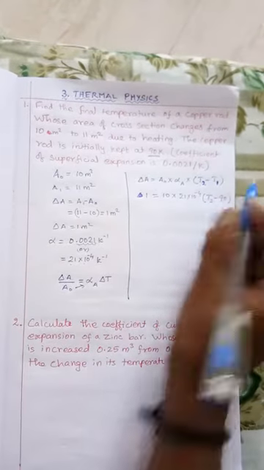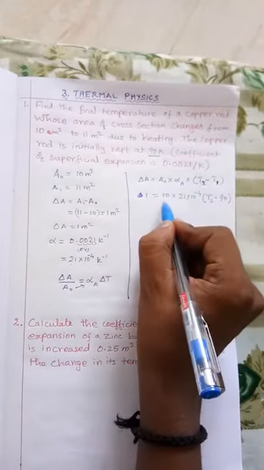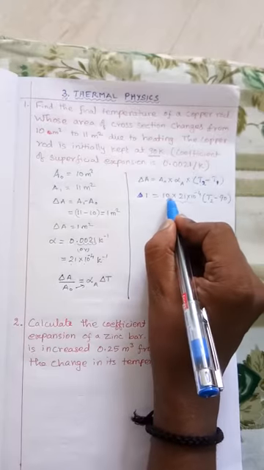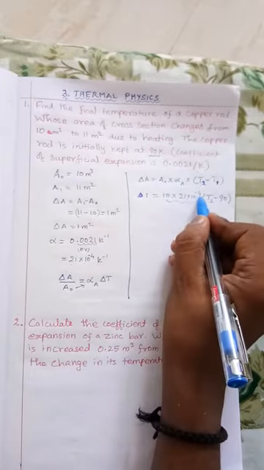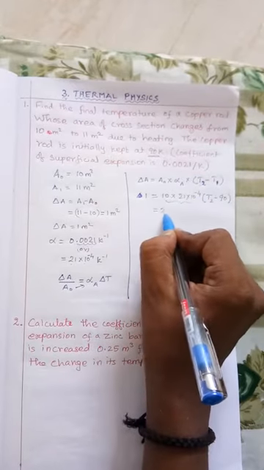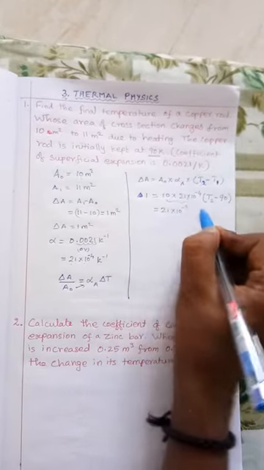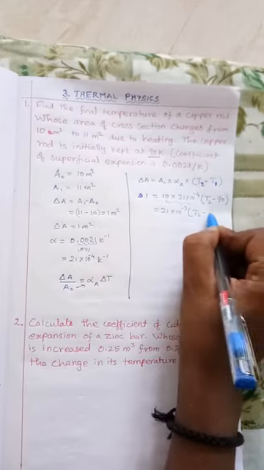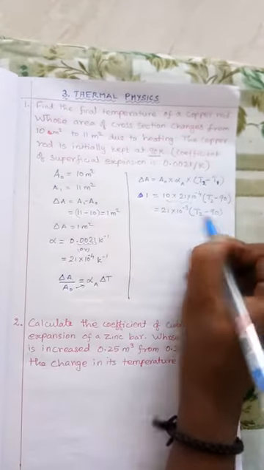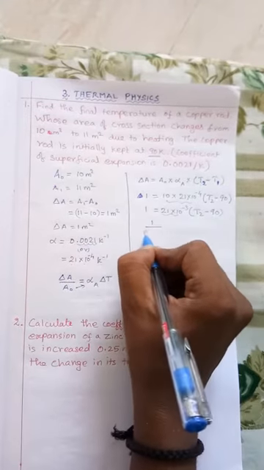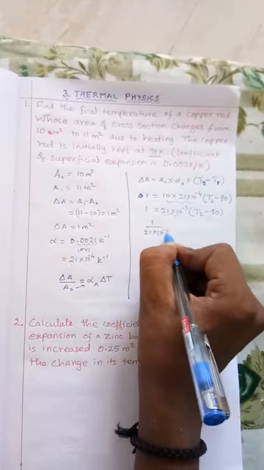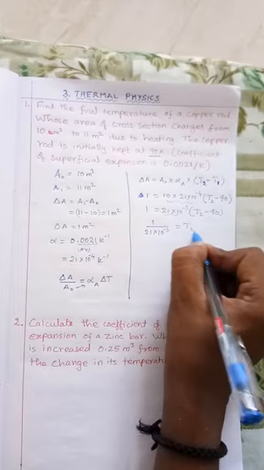So now 10 to the minus 4 and 10 combine, so it is nothing but 21 into 10 to the power minus 3 into T2 minus 90. Cross multiplying, 1 divided by 21 into 10 to the power minus 3 is equal to T2 minus 90.